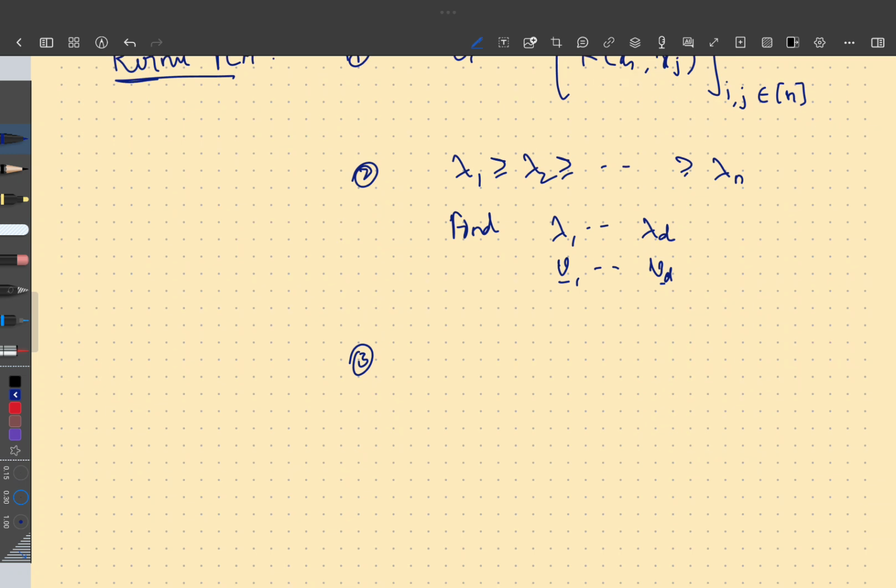So given a new point x, this particular point is embedded into a d-dimensional vector, let's say alpha 1 up to alpha d.